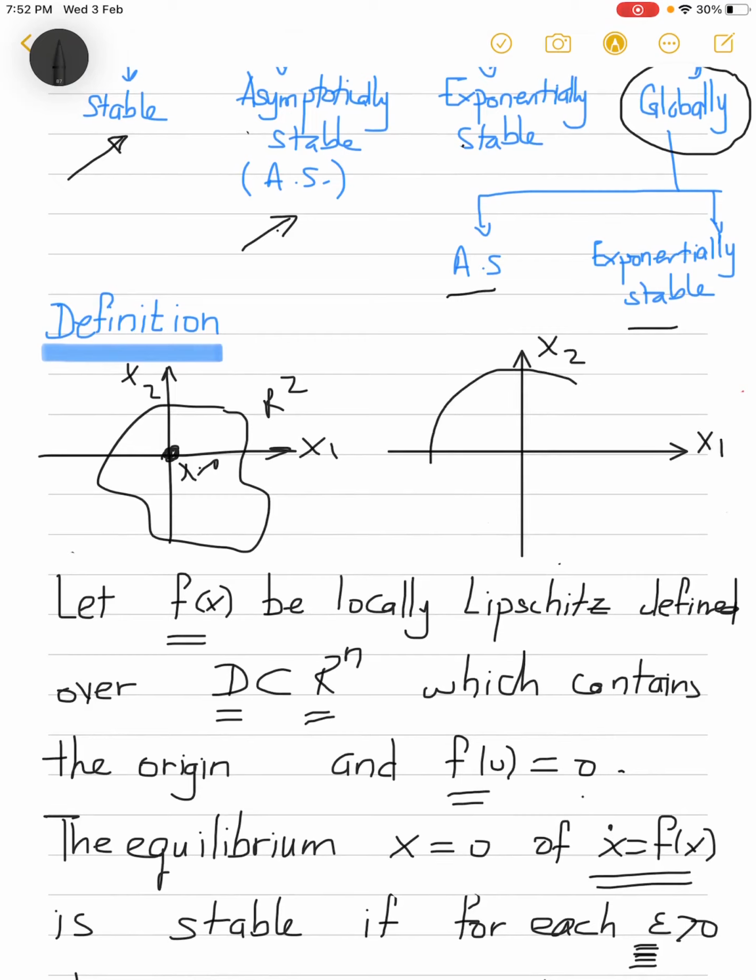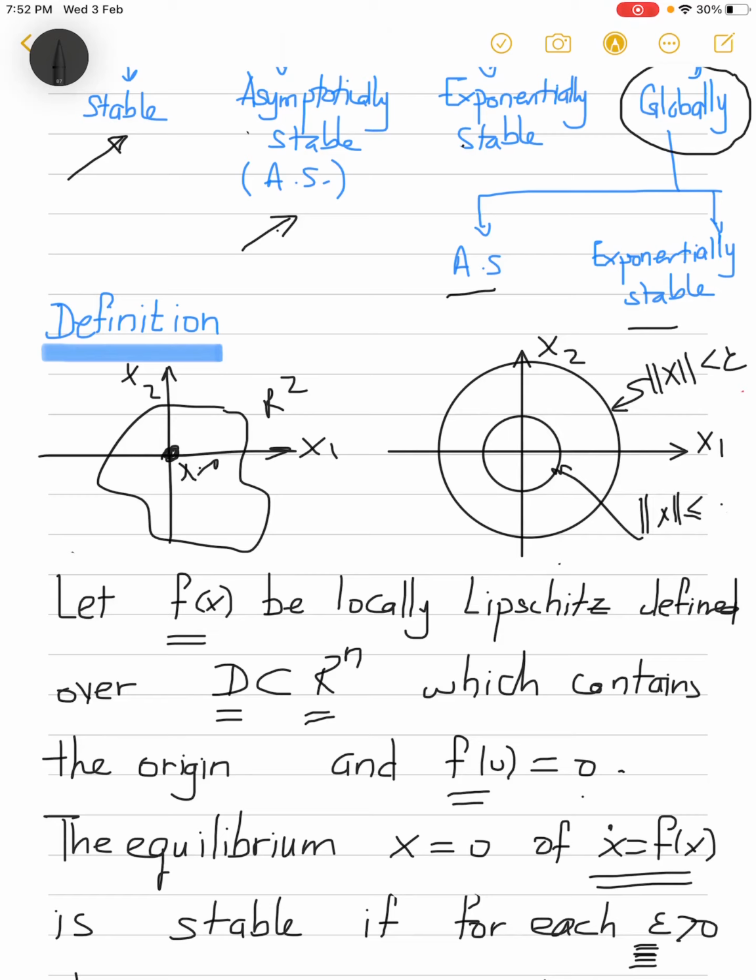So I'm defining here an open ball of radius epsilon, and within that ball there is another ball with radius delta, such that if we start from any initial condition within the ball of radius delta, the trajectory of the solution will never leave the ball of radius epsilon.